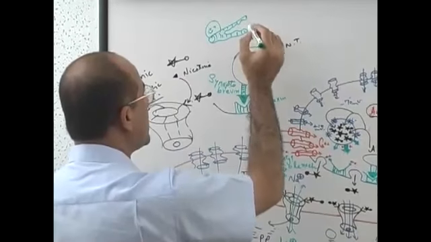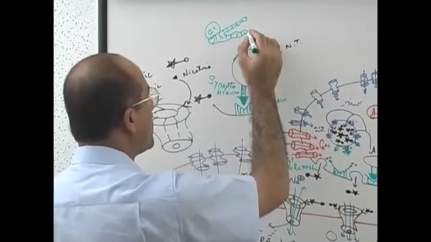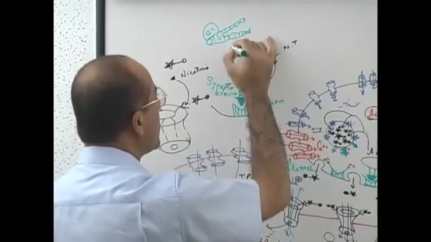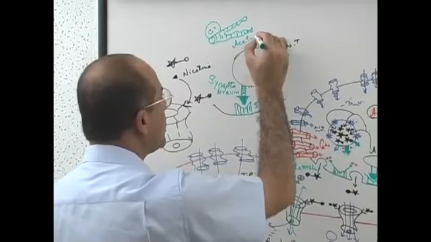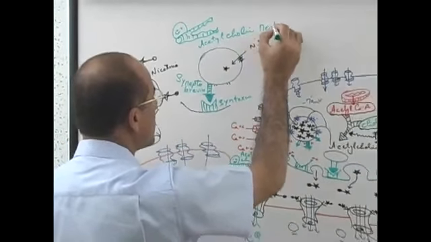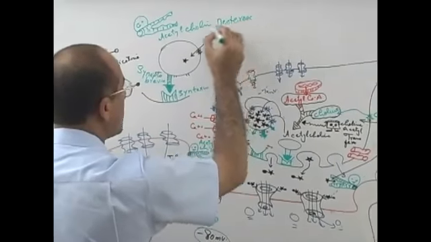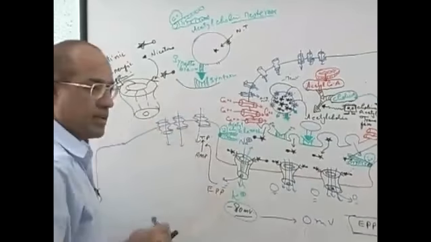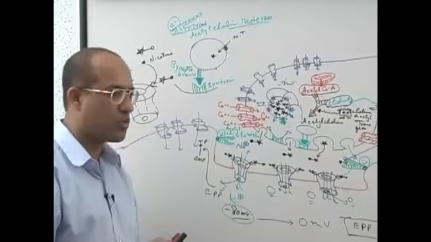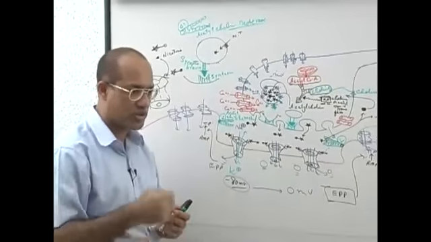These enzymes are present at the neuromuscular junction, and they are responsible to destroy the acetylcholine once it has done its action. So we call them simply acetylcholinesterases. They produce the hydrolysis of acetylcholine, the breakdown of acetylcholine into acetate and choline.